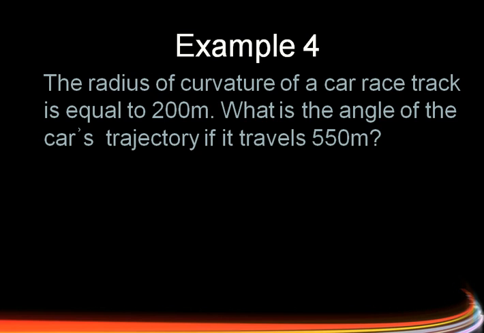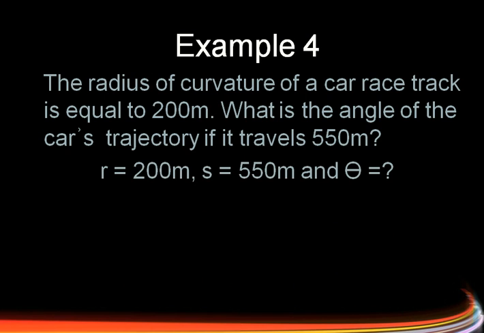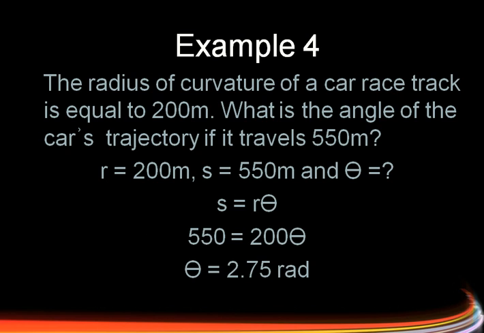I would also be saying that the angle is what I'm looking for, and if the car traveled 550 meters, that would definitely need to be the arc length because I'm on a circular track. Therefore, I would now be able to use my formula, S is equal to R theta, and solve for my angle in radians. And I would get an answer of 2.75 radians.